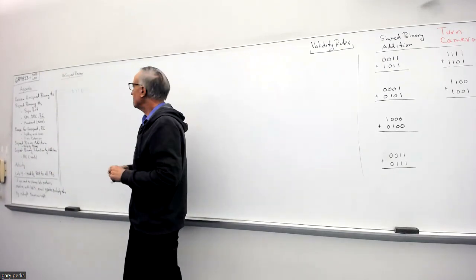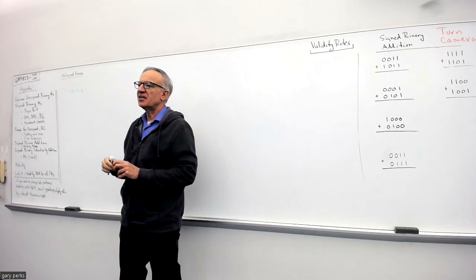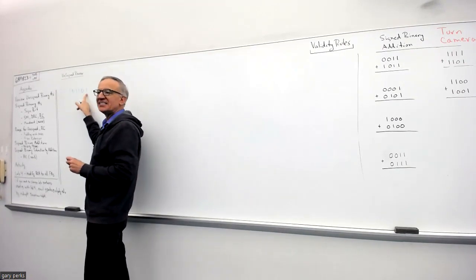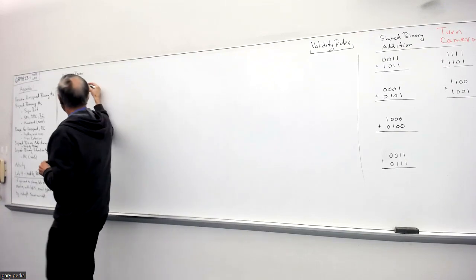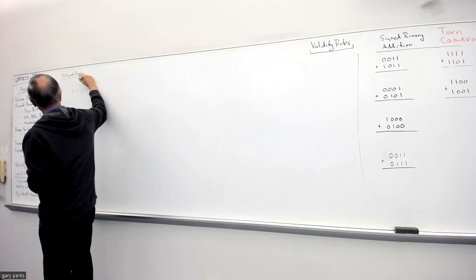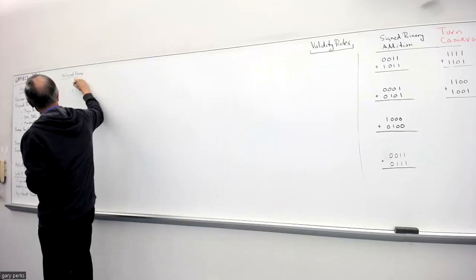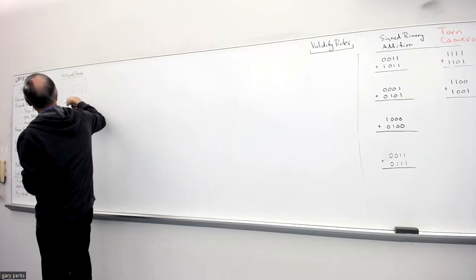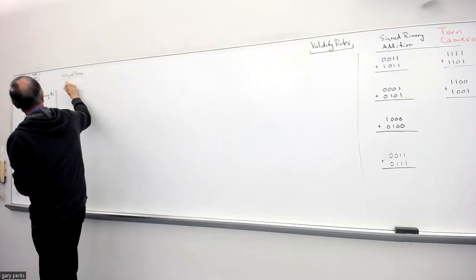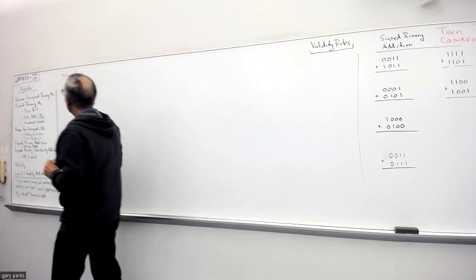As we talked about, when you have a binary number like this that's unsigned, the furthest right bit, which we call the least significant bit, is the 1's column, so 2 to the 0. The next bit over is the 2's column, 2 to the 1. Then 4 is 2 to the 2, 8 is 2 to the 3, the next column is 16, 2 to the 4, and then 2 to the 5, which is 32.